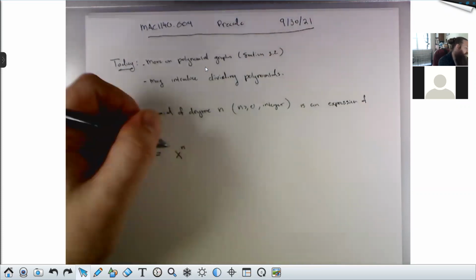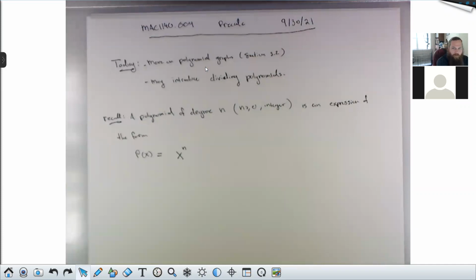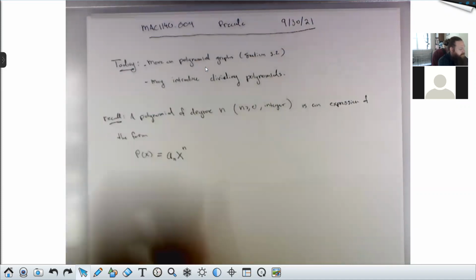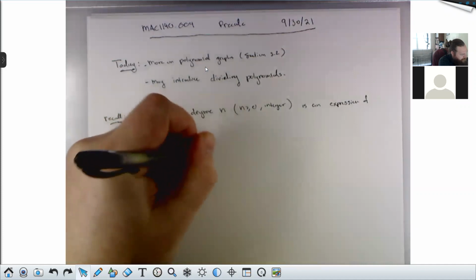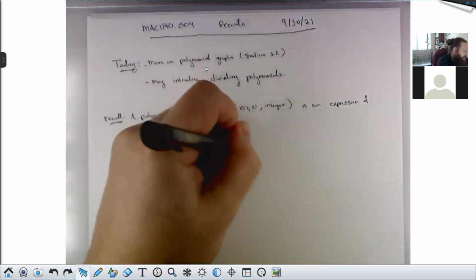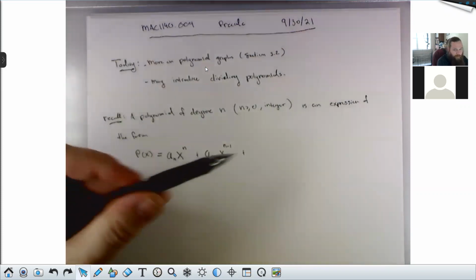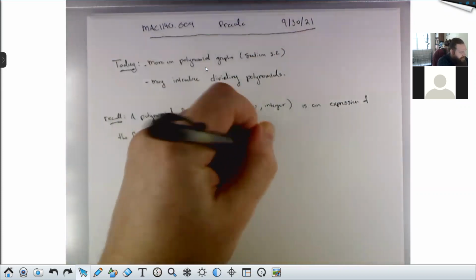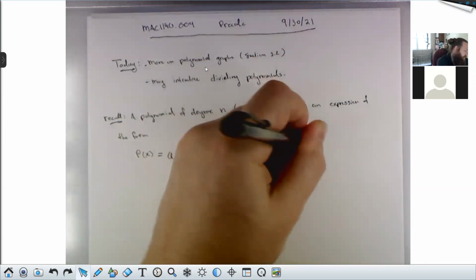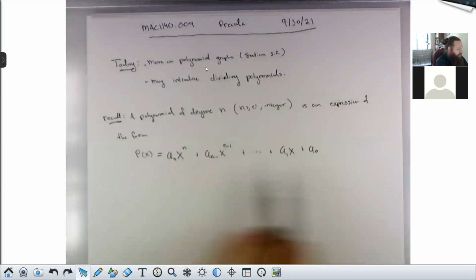A polynomial of degree n is something involving x to the n. There's allowed to be a number multiplying x to the n. We said last time we call that guy a_n. And then all the other lower powers of x are represented too, or they could show up. If this is x cubed, there could be an x squared and an x. All of those terms can show up in a polynomial of degree n, although they do not need to. And if one of these terms isn't there in your polynomial, that just means that its coefficient is 0.